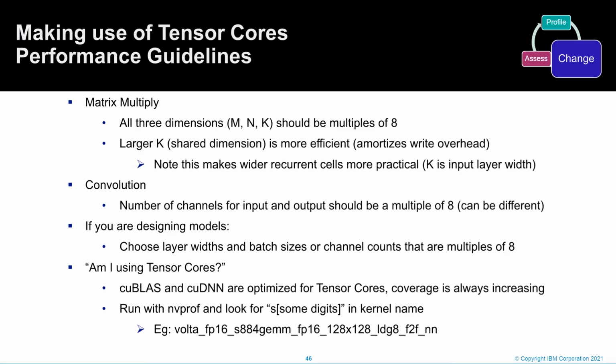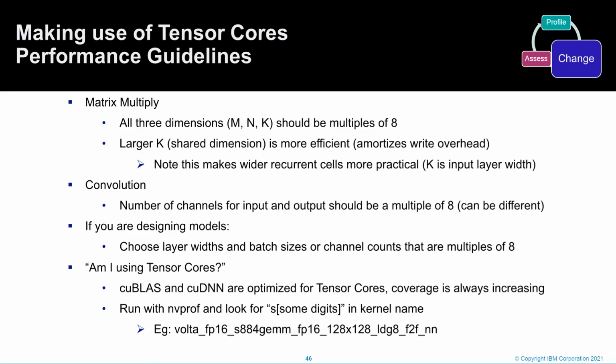And if you want to set mixed precision for specific model layers, you have to choose the layers weight and batch size of channels that also are multiples of 8 in order to efficiently use the tensor cores.